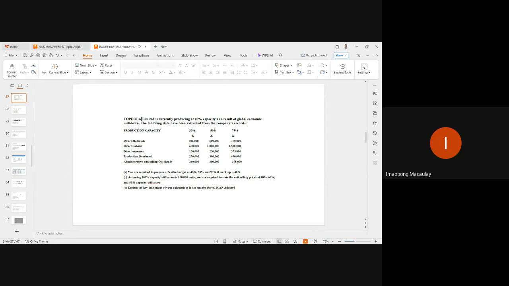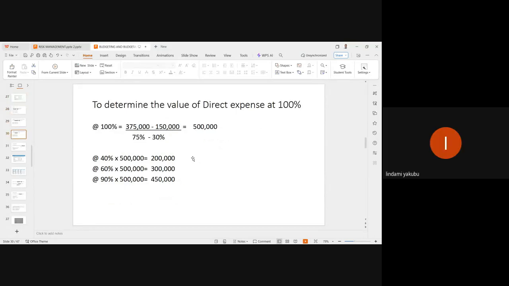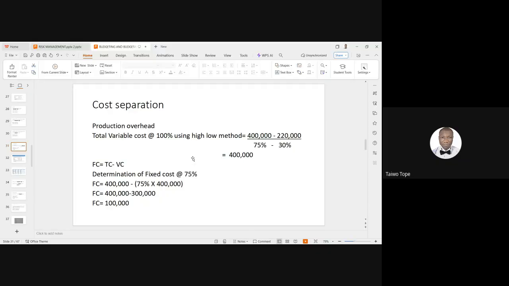Your total variable cost is what? 400 at 100% is 400,000. So 30% of 400,000 gives you what? 120, sir. So 220 minus 120 will give us what? 100,000. Fine, 100,000.